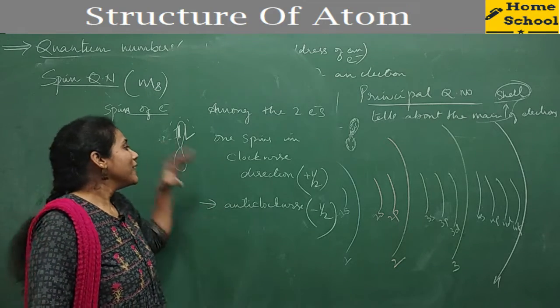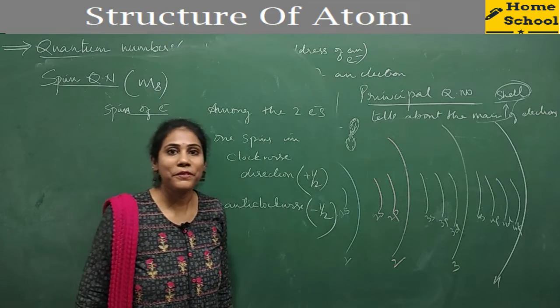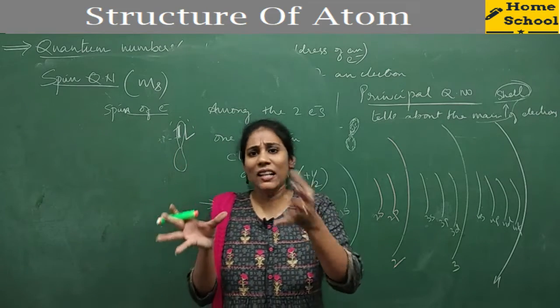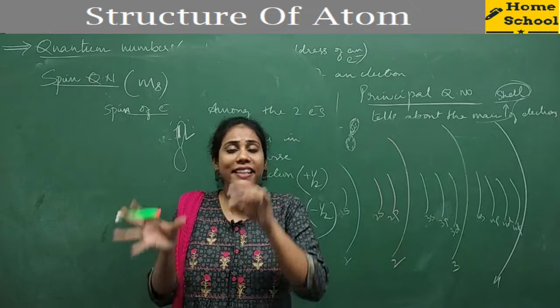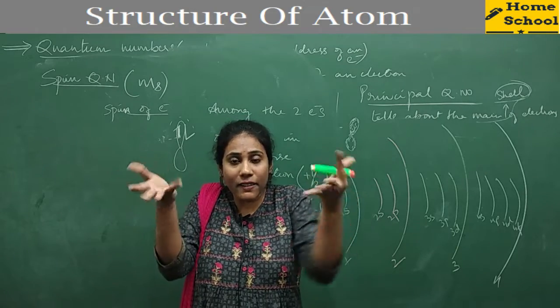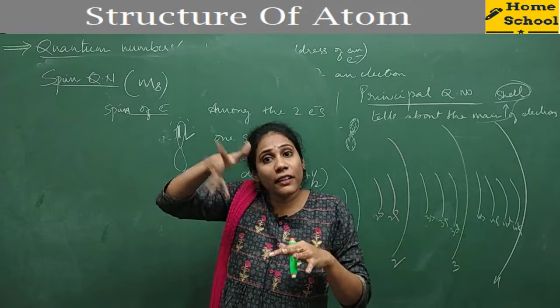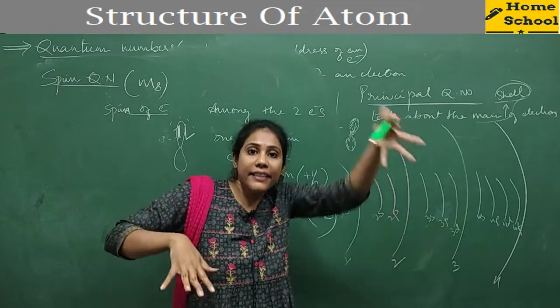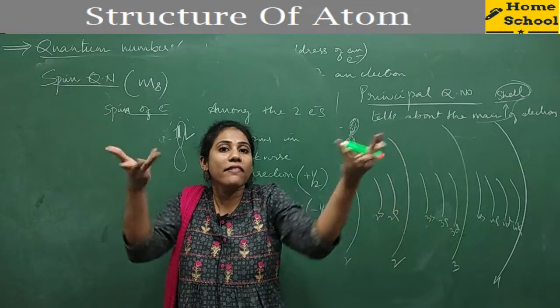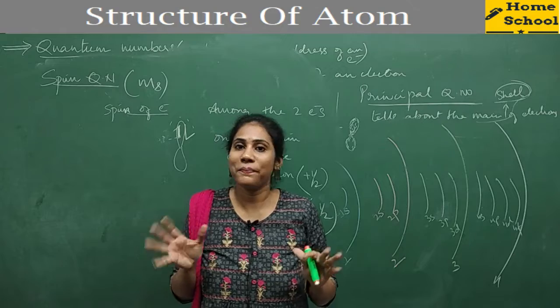So that is what we mean by spin quantum number. Each orbital has 2 electrons, but they are spinning, rotating around the nucleus.